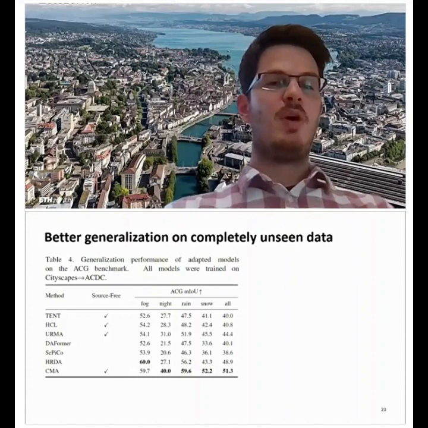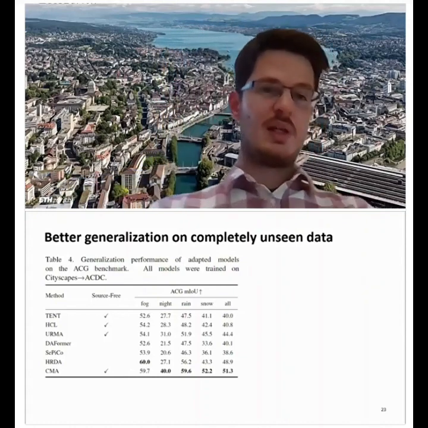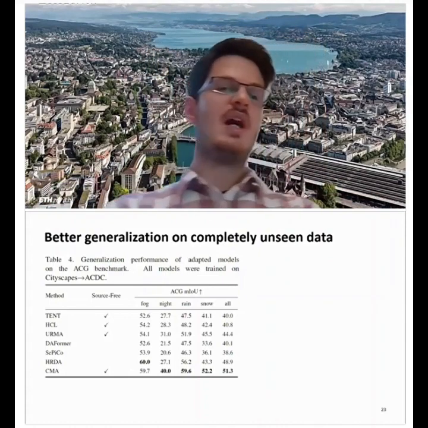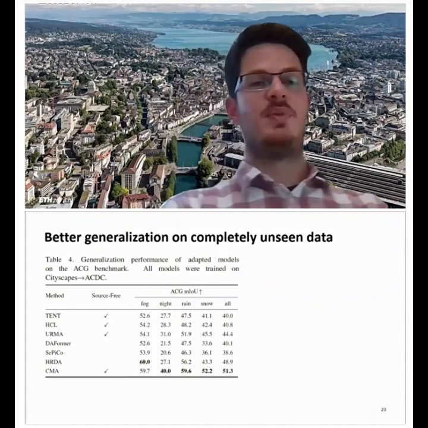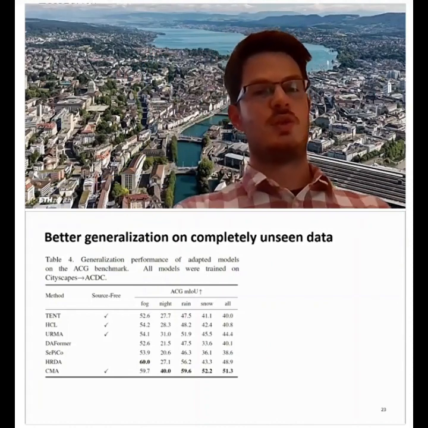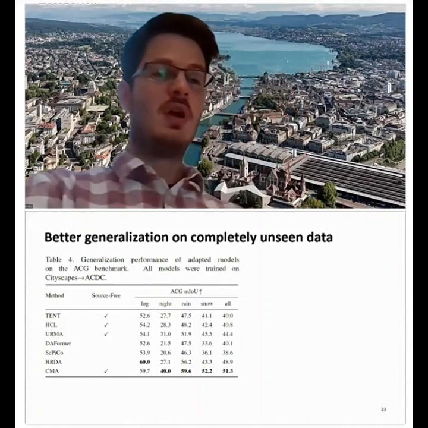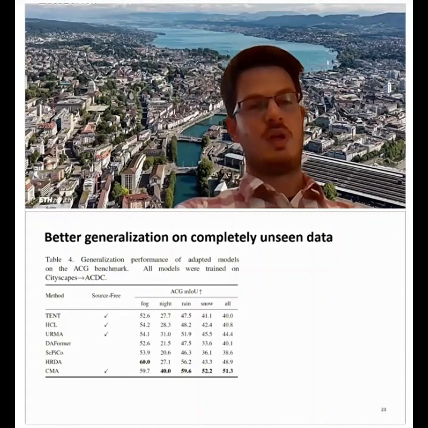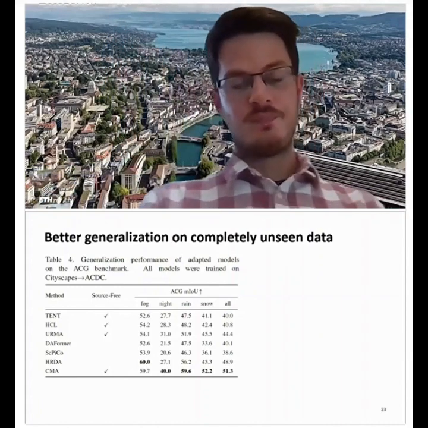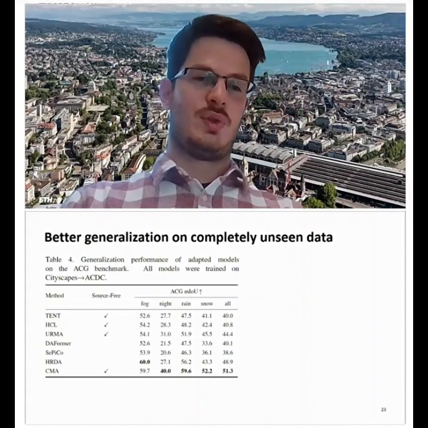And we compare both with model adaptation approaches, which are marked with a check mark in this table, and with standard unsupervised domain adaptation approaches, which are at an advantage with respect to us. And we see that we actually can generalize even better, not only compared to the other source-free approaches, but also to the privileged domain adaptation approaches.